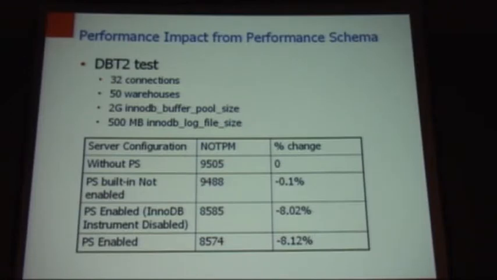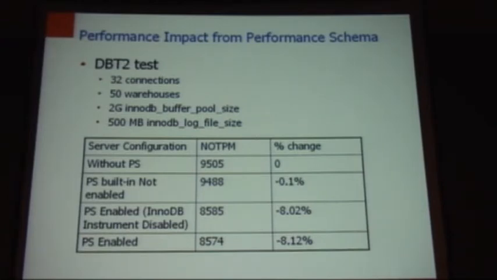So this is a simple DB2 test which we had for the performance schema. And the setup is a regular setup. And we look at it, it's about an 8% performance impact when turning all those mutex counters on. So certainly there are hundreds of mutex counters being turned on.